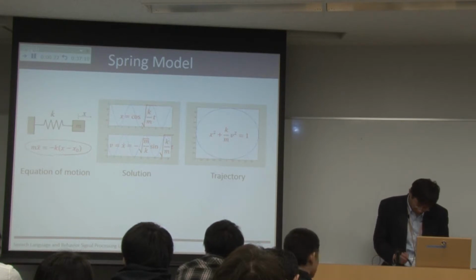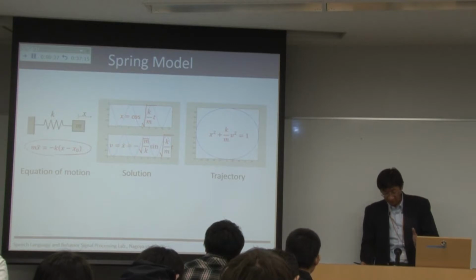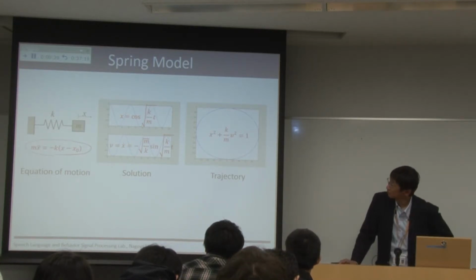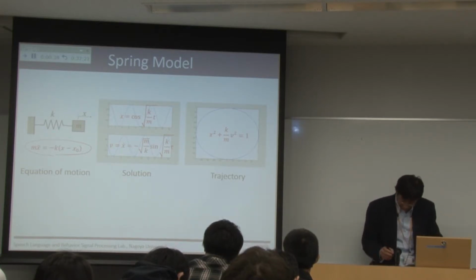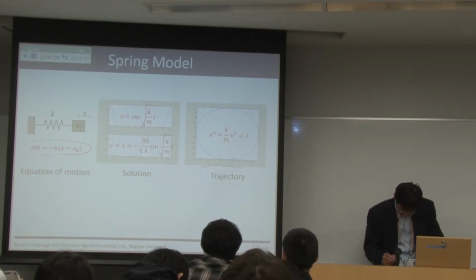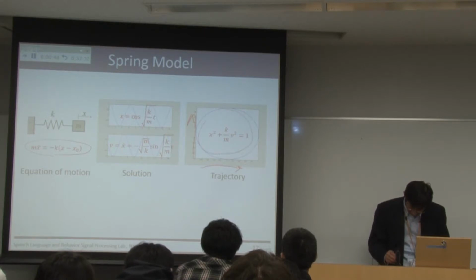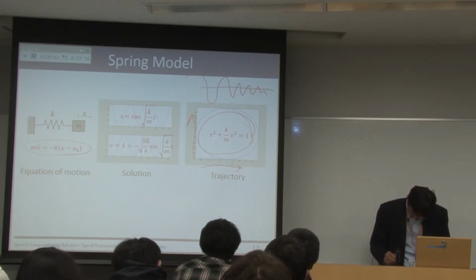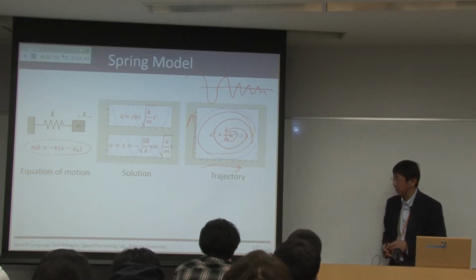If you calculate the time derivative of the sinusoidal signal, it also becomes a sinusoidal signal. So if you plot a joint plot of distance and velocity, the trajectory becomes a circle. If the signal is a damping oscillation, it falls into one point, which is known as the attractor of this system.